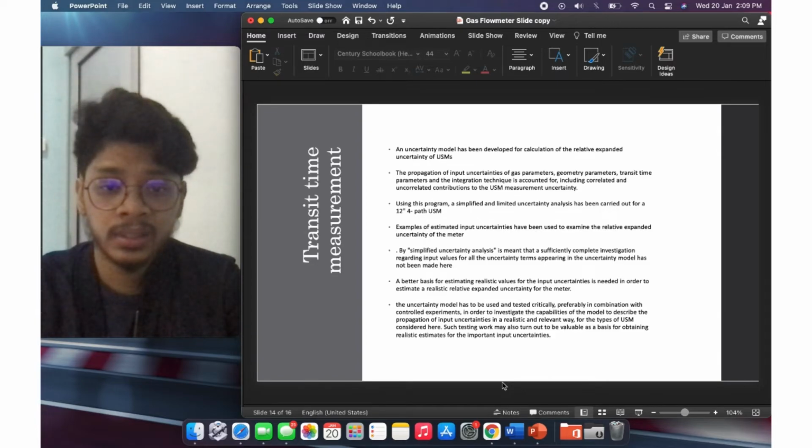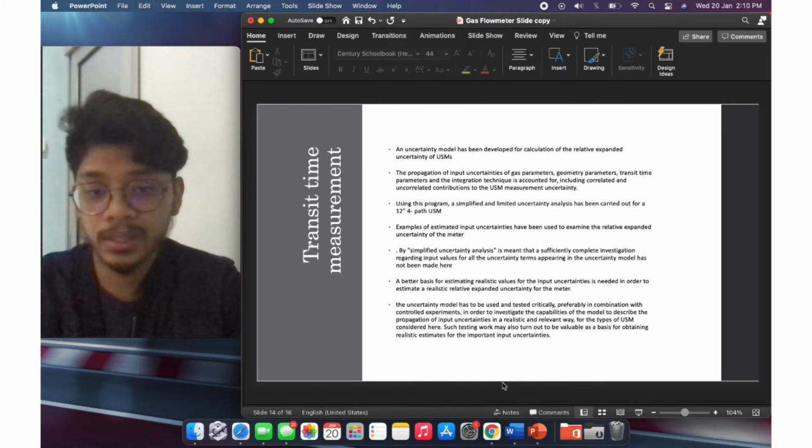An uncertainty model has been developed for calculation of relative expanded uncertainty of USM. The propagation of input uncertainties of gas parameter, geometry parameter, transit time parameter, and the integration technique is accounted for, including correlated and uncorrelated contributions to the USM measurement uncertainty.